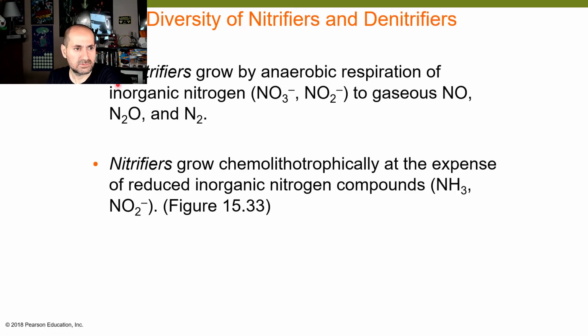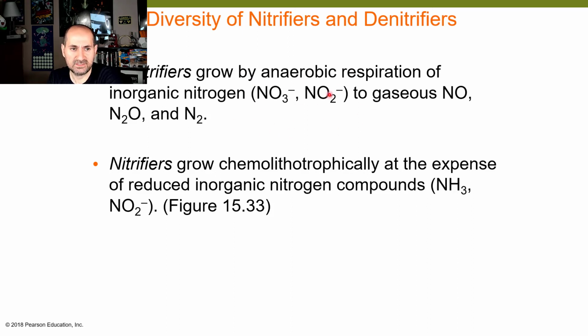All right, so I also would like you to know the difference between denitrifiers and nitrifiers. Denitrifiers grow by anaerobic respiration of inorganic nitrogen. So they use nitrate and nitrite. That's what they breathe. This is their terminal electron acceptor.